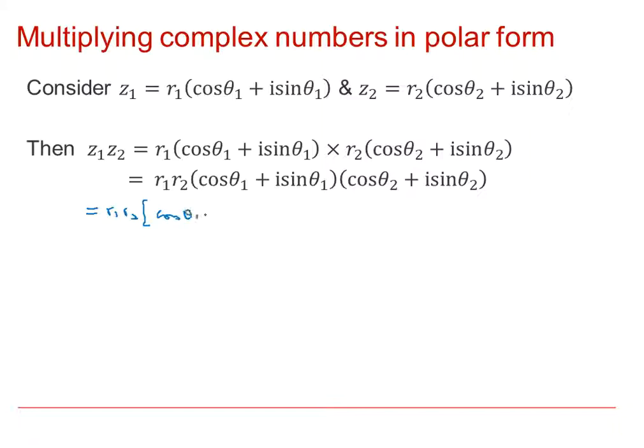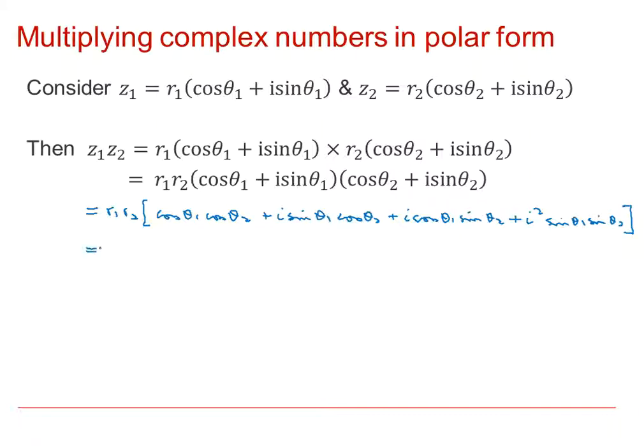So there's cos theta 1 cos theta 2, there's plus i sine theta 1 cos theta 2, there's also plus i cos theta 1 sine theta 2, and at the end there's an i squared sine theta 1 sine theta 2.